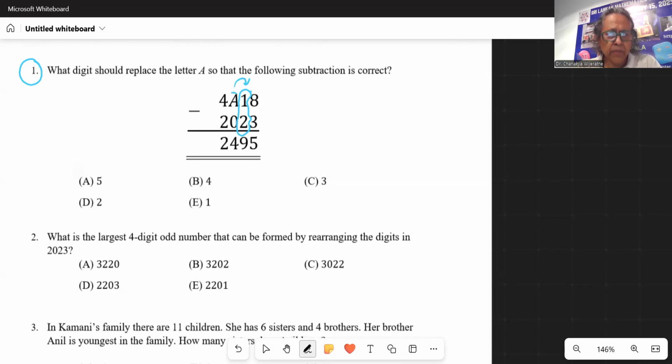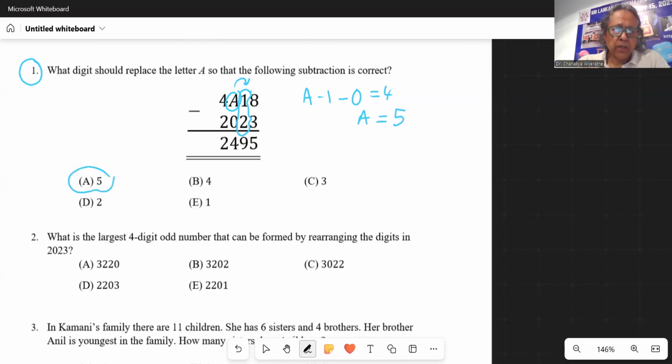And then this is now A minus 1, right? And A minus 1 minus 0 should be 4. So that means A is equal to 4. Sorry, is equal to 5.